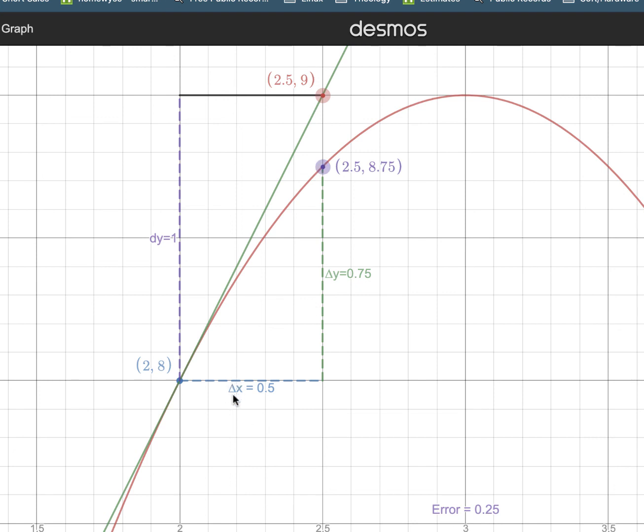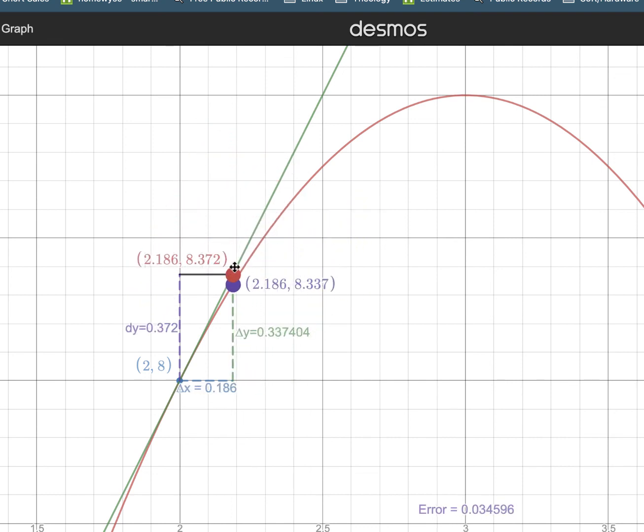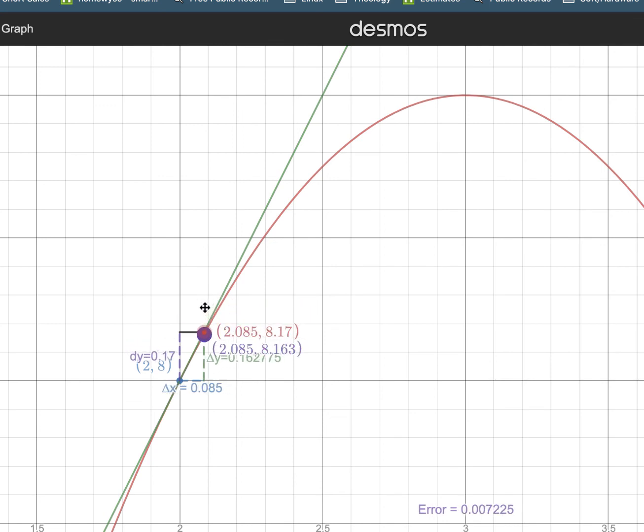Now smaller values, smaller changes in x reduce our error. So let's slide this down and maybe get to, I don't know, let's get to 0.1. There we go. And now we can see the error is only 1/100th. So the error between estimating using the tangent line or the true value is not that bad.